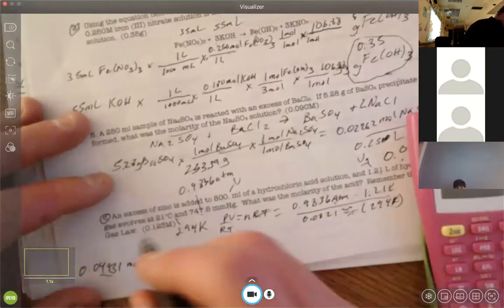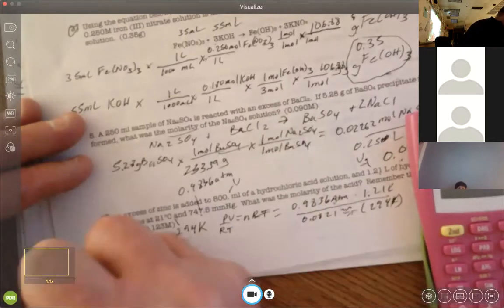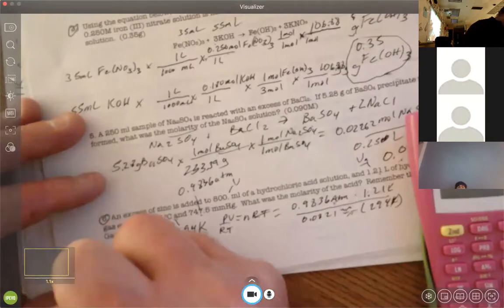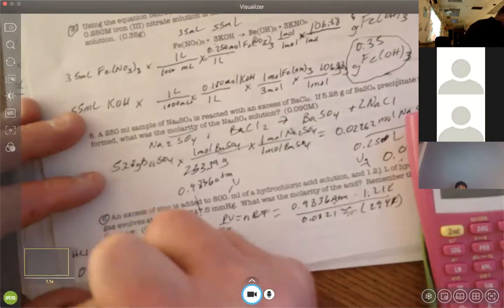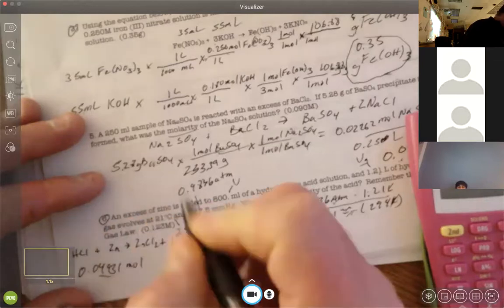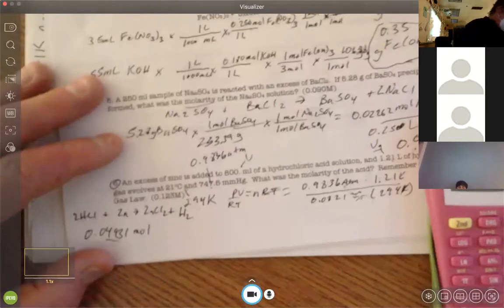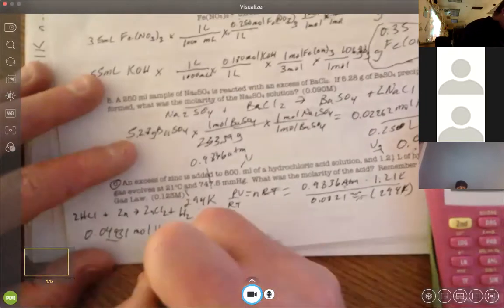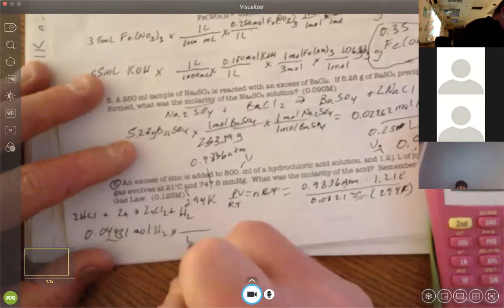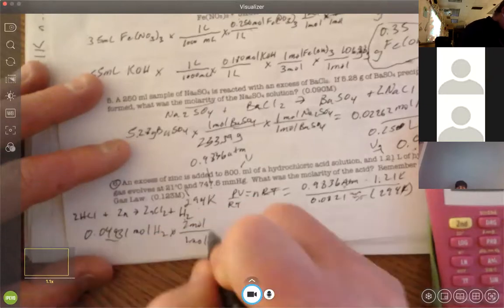Well, we need a formula. HCl plus zinc yields zinc chloride plus H2. So this is H2. For every 1 mole of H2, we need 2 moles of HCl.